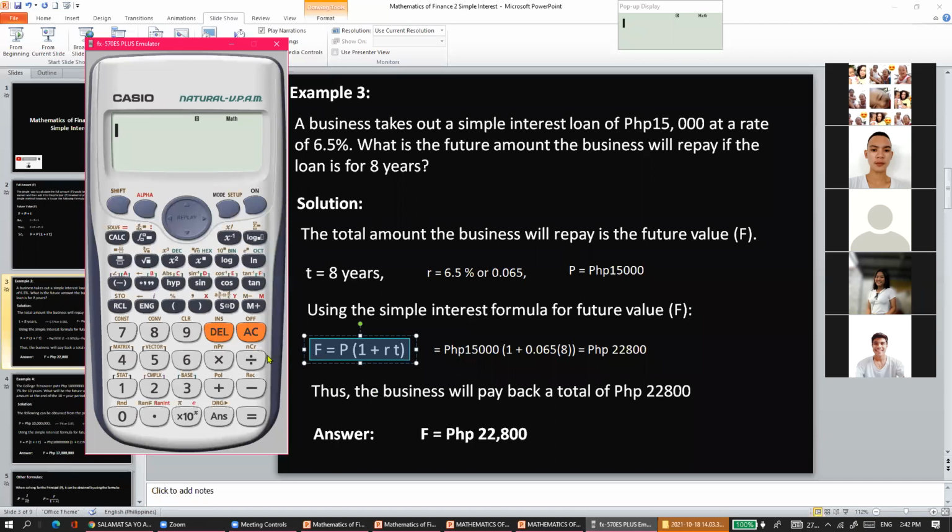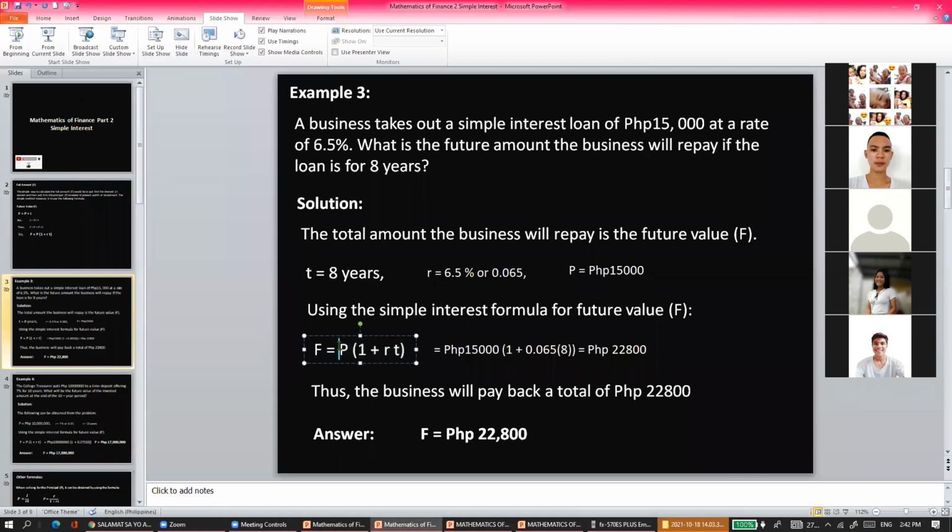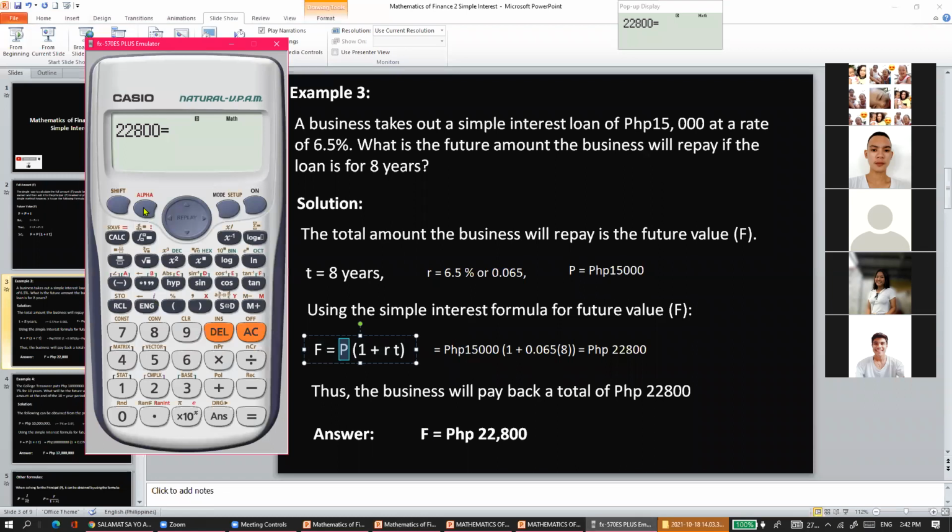Yung F nasa kaliwa, edi type ko yung value ng F, 22,800. Assuming ang inaanap natin is the principal. So equal, type ko yung equal. Inaanap natin is P. So instead na P ang i-type ko dahil yan ang inaanap natin, ang ita-type ko alpha and then X. And then naka-parenthesis yan, edi parenthesis ko. 1 plus.